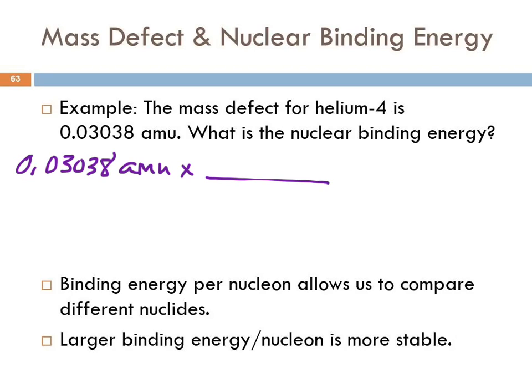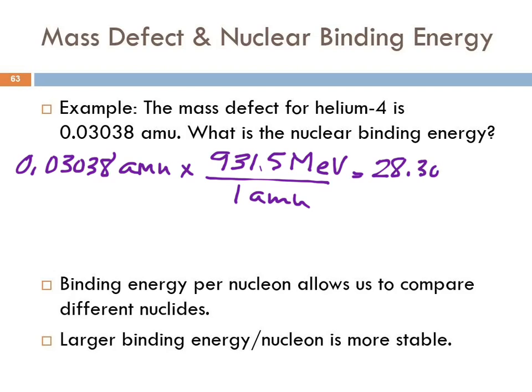We have that relationship that there's 931.5 mega electron volts per atomic mass unit. So that gives us 28.30 mega electron volts. That's the binding energy for a helium-4 nucleus.